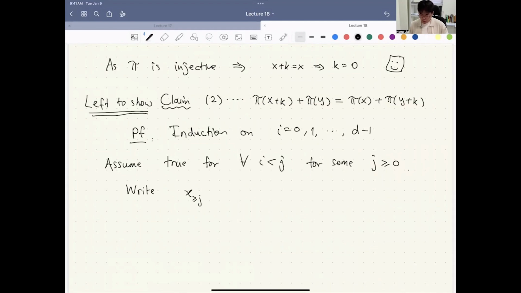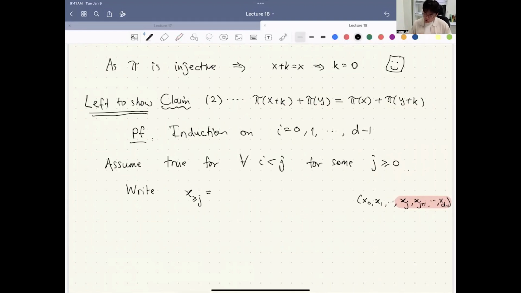What does it mean? Basically, you have this vector form, right? x1, xj plus 1, xd minus 1. This x bigger than j is basically saying, let's just look at this part, forget about the previous digits.